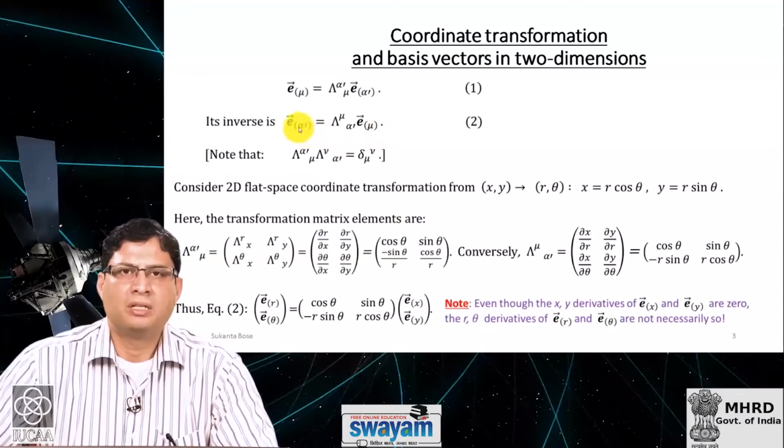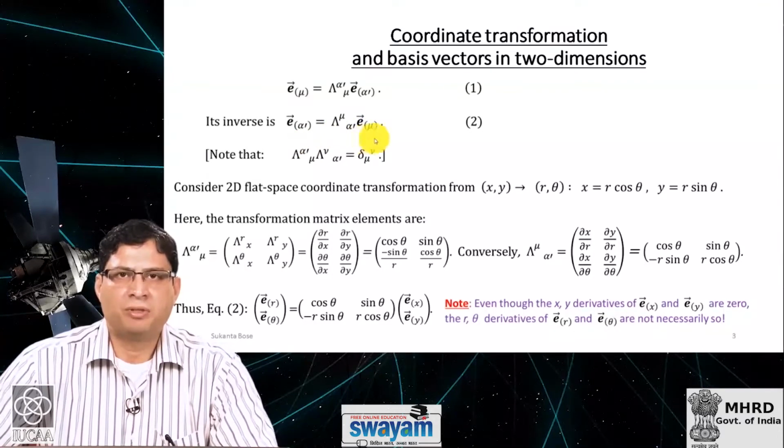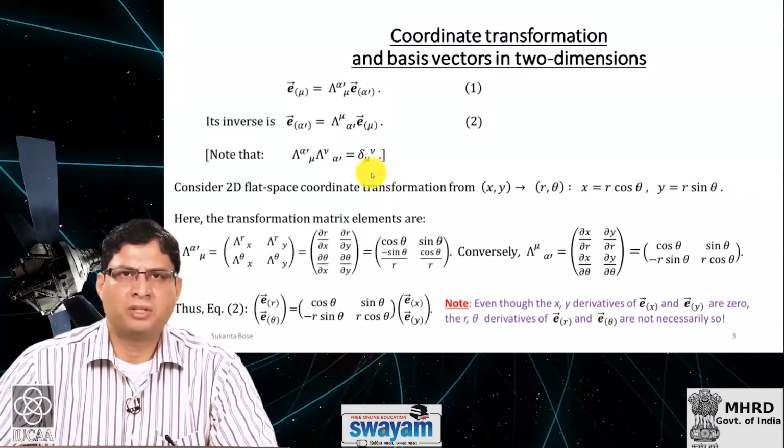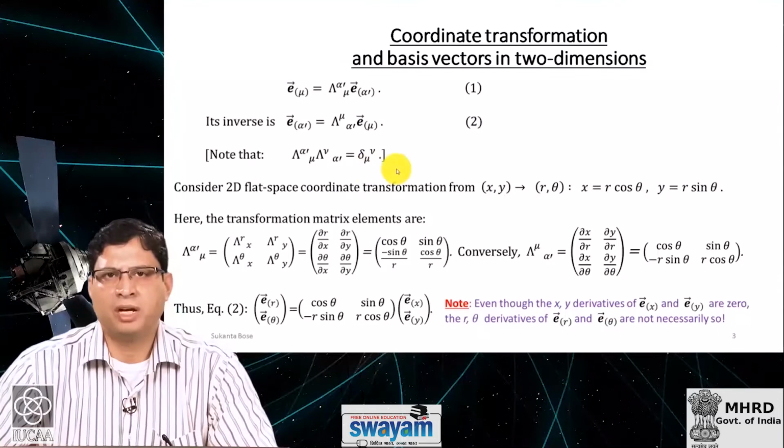Namely, E alpha prime is equal to lambda mu alpha prime contracted with E mu. We will see an example of this expansion in a minute, but this also tells you that we are utilizing the fact that the coordinate transformations obey this inverse property, namely that if you contract it with its inverse, you get the Kronecker delta, or just in matrix form the identity matrix.